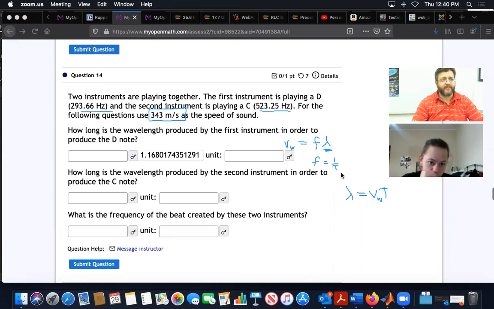Wait, so how many significant figures? What are your numbers? My velocity is 3.3. Okay. And my frequency is 698.46. Okay. So you would take 343 divided by 698.46.